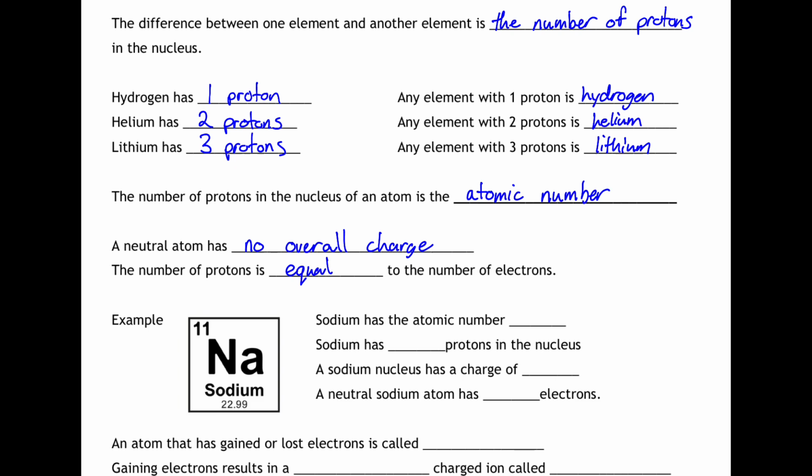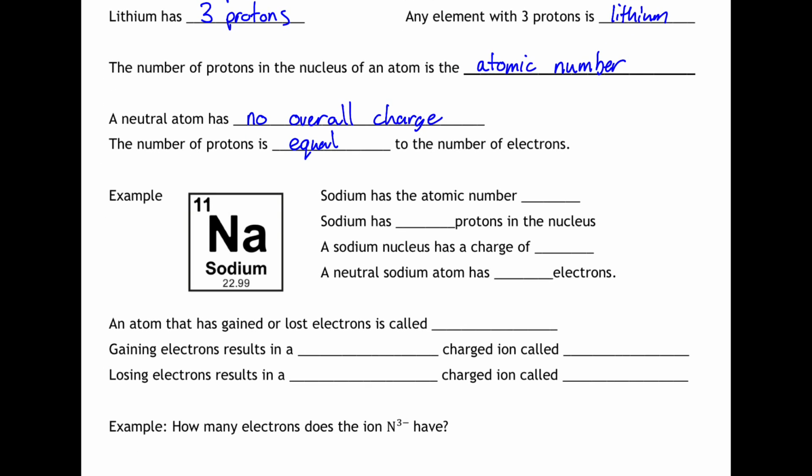All right, we're going to use an example of sodium. I put the little card of sodium up on the chart. It's on your page. What's the atomic number of sodium? 11. How many protons does sodium have? 11. What's the charge on a sodium nucleus? Plus 11.